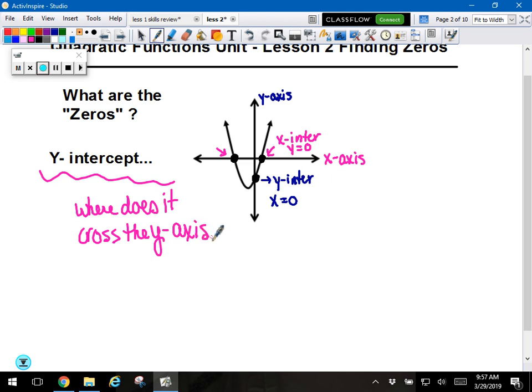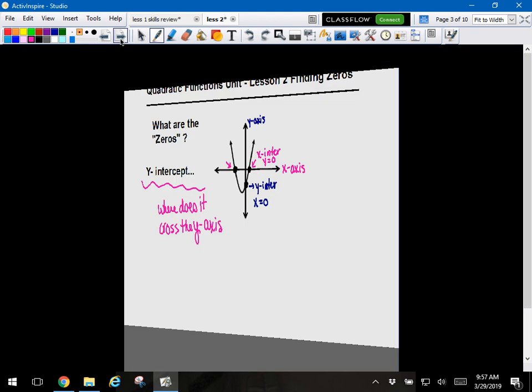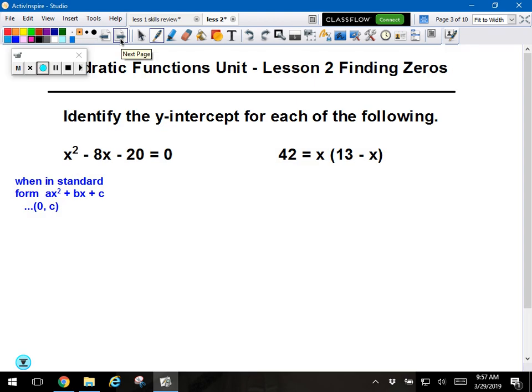As we learned last class time, the y-axis sometimes is visible when we put it in our calculator, sometimes it's not. We're very familiar with the y-intercept when it's a line, so let's talk about the y-intercept when it's a quadratic. First problem I want to look at is this one.